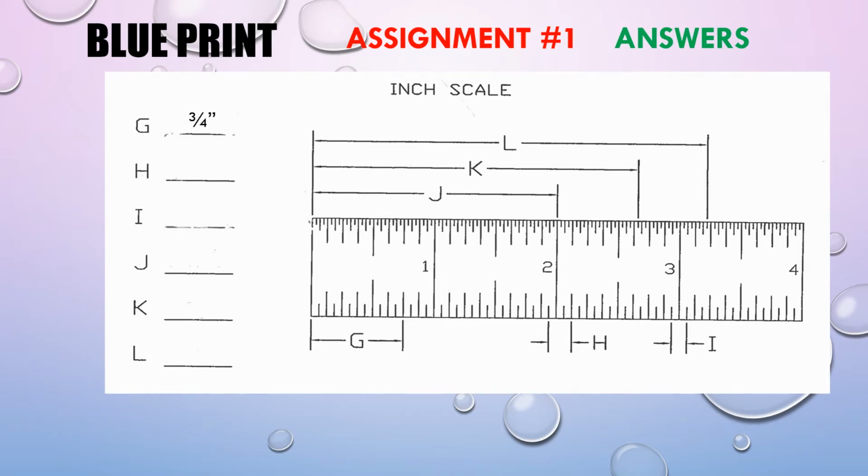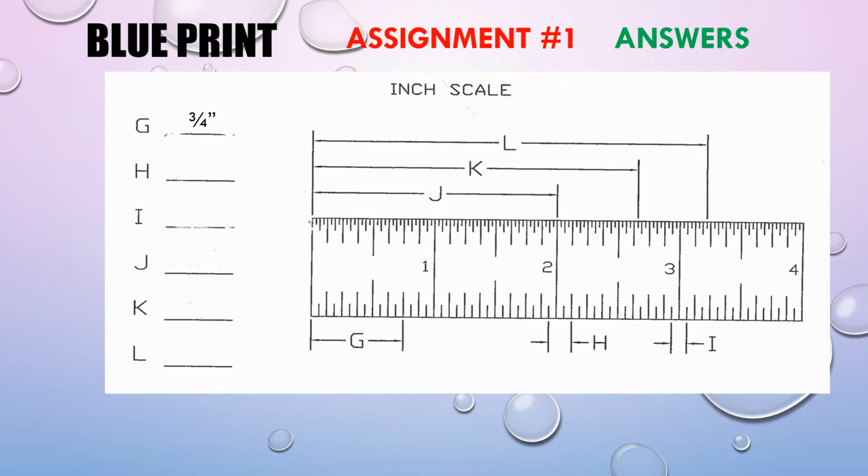Because if you have 12 sixteenths, 4 can go into 12 3 times, and 4 goes into 16 4 times. So you have 3/4 of an inch. So G is 3/4 of an inch. Now the way we know that real quick is this is half. So half of a half is a quarter. So there's 1/4, 2/4, 3/4 right away.